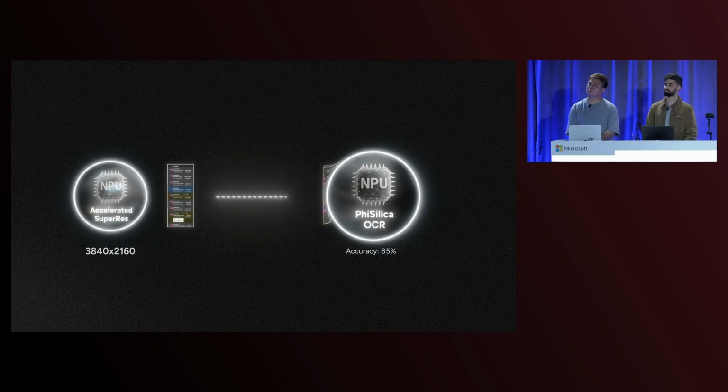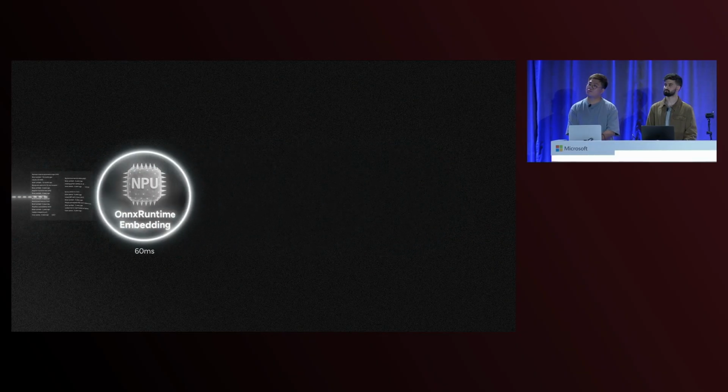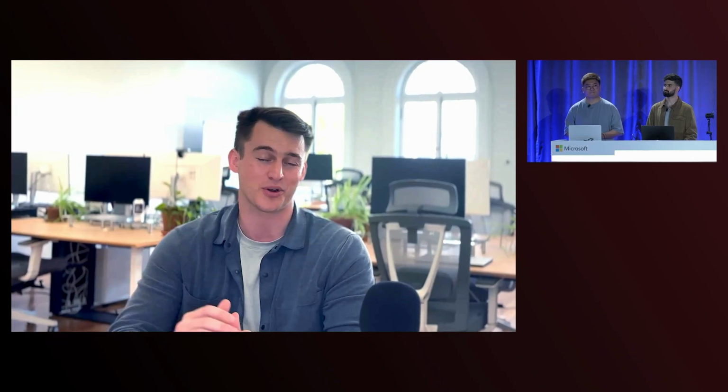Focused on the SuperRes API, text recognition, and an accelerated ONNX runtime for embedding generation, we saw tremendous speedups across the board. For example, embedding generation went from 400 milliseconds all the way down to 60 milliseconds end to end. Now, of course, we had our challenges, but once we got past a small packaging issue, we were well on our way. I highly recommend checking out these APIs and exploring the new hardware, and give Pieces a look as well. Thanks so much. Peace.